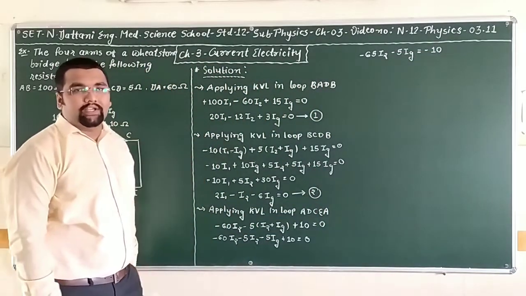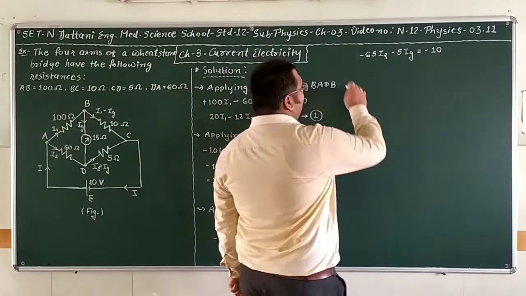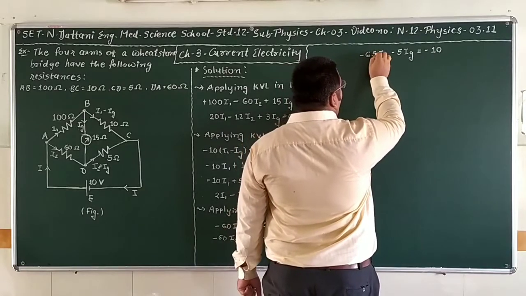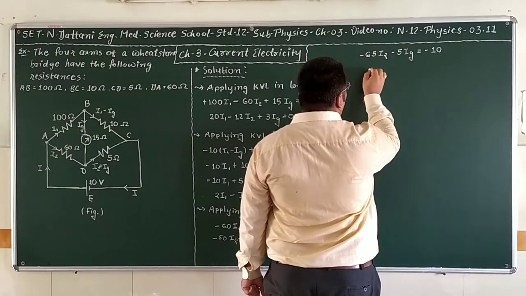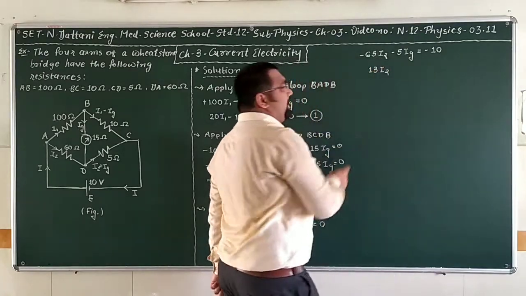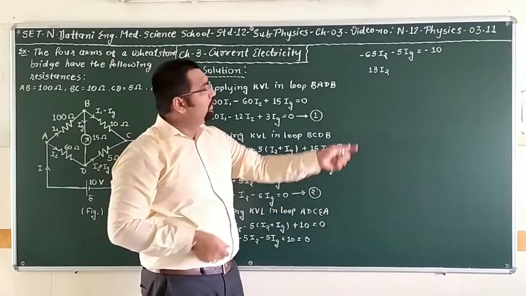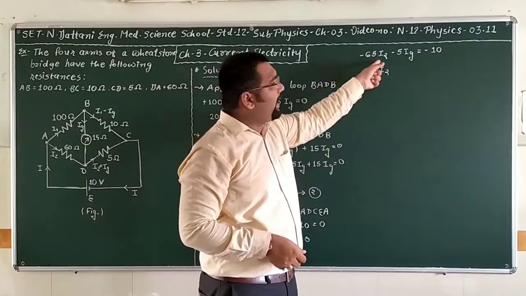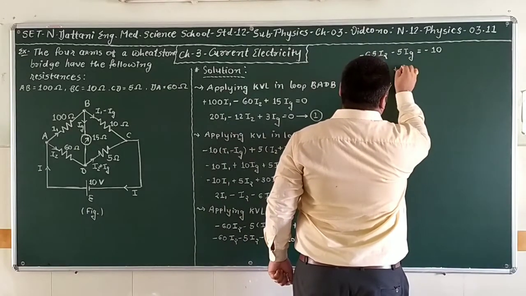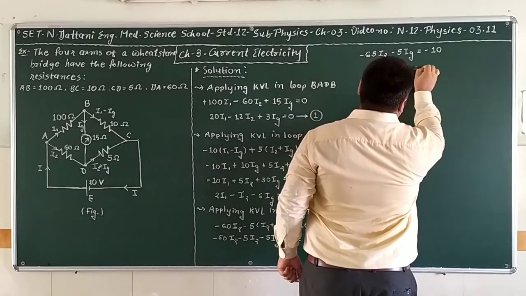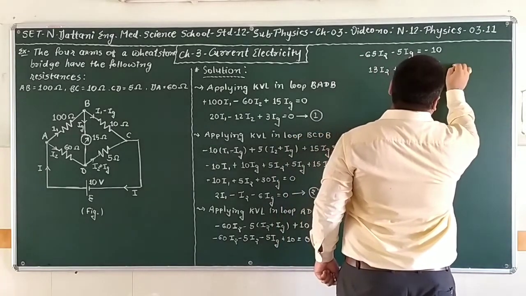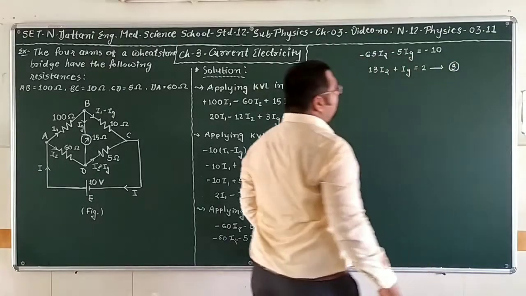We will divide this equation by minus 5, so all the signs will change. 65 upon 5, that is 13 I2, and 5 upon 5, that is Ig, is equal to 10 upon 5, that is 2, and this is our equation number 3.